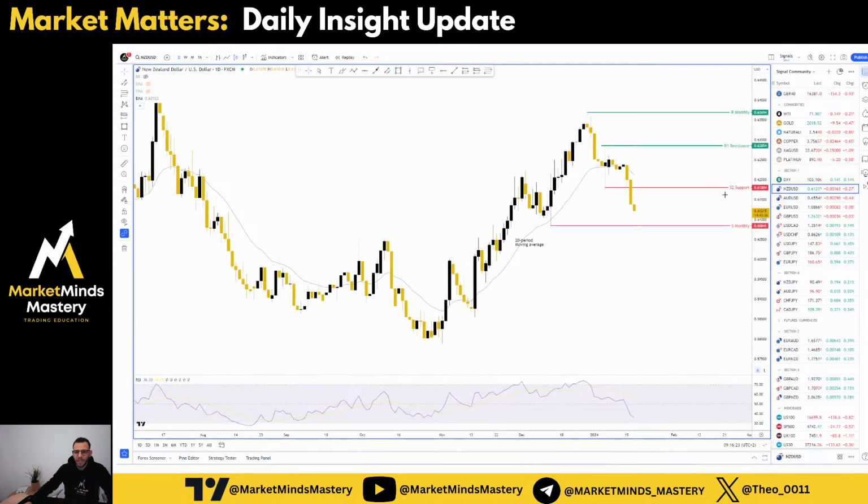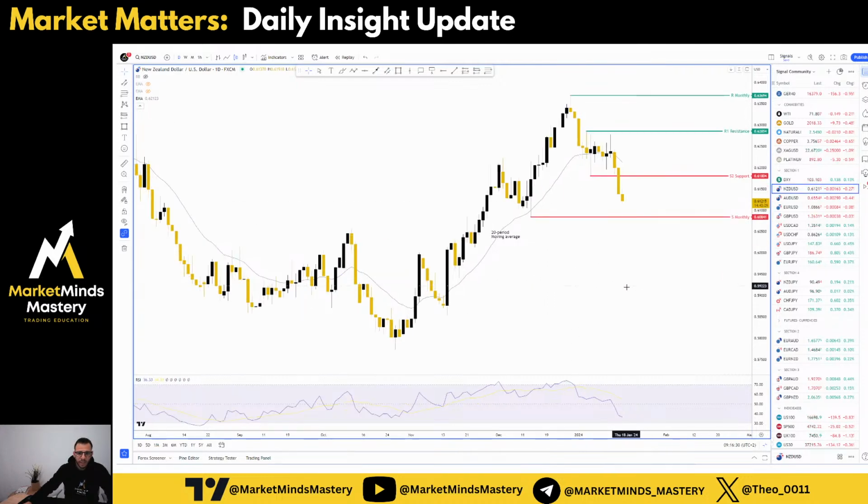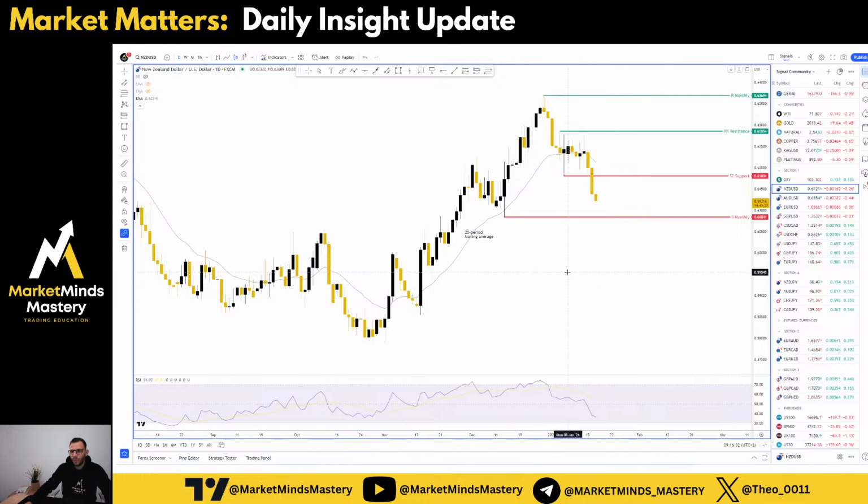First one on the list is the New Zealand dollar against the US dollar. So let's check what's going on here. The price, from this pin bar, let's say it kicked in the selling pressure.